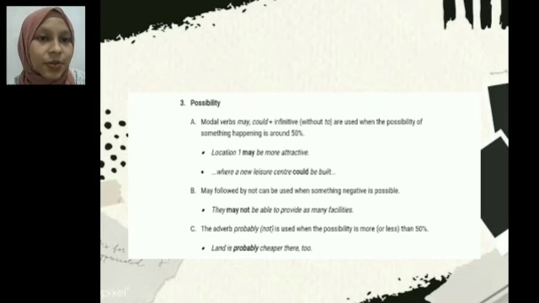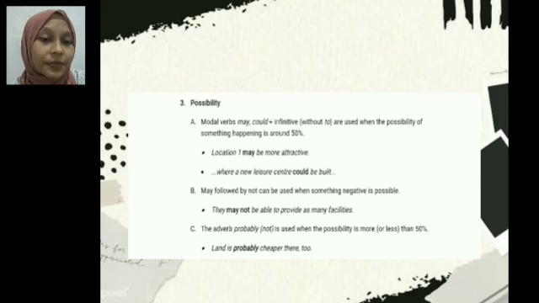The next is possibility. Modal verbs might and could plus infinitive without to are used when the possibility of something happening is around 50%. The example is location 1 might be more attractive and where a new leisure center could be built.